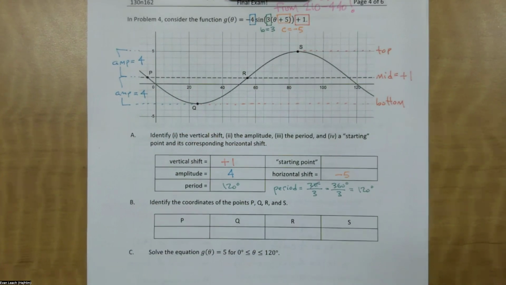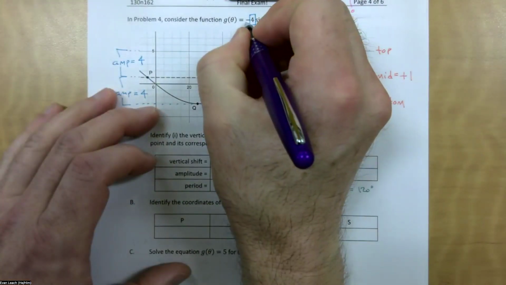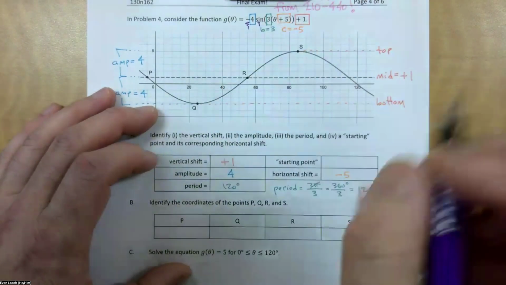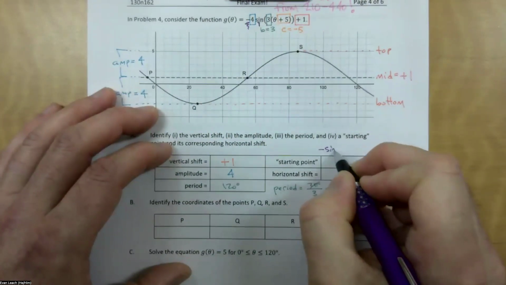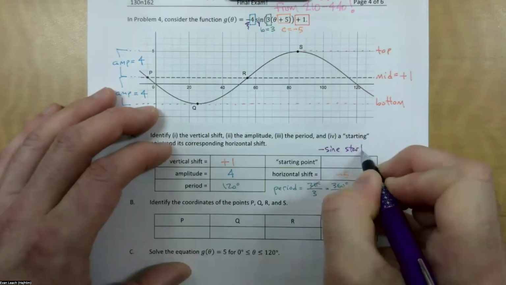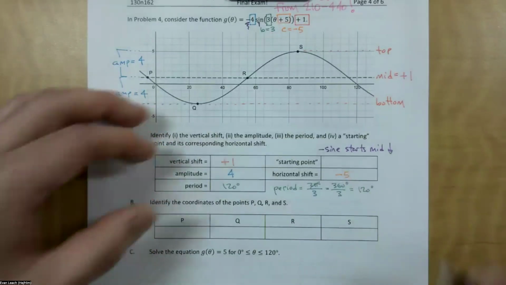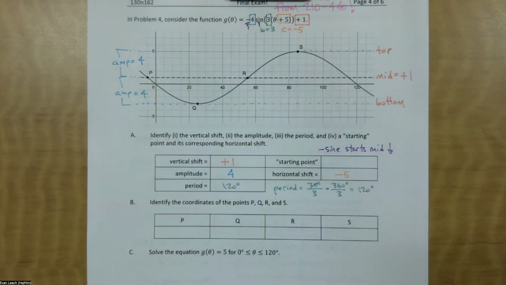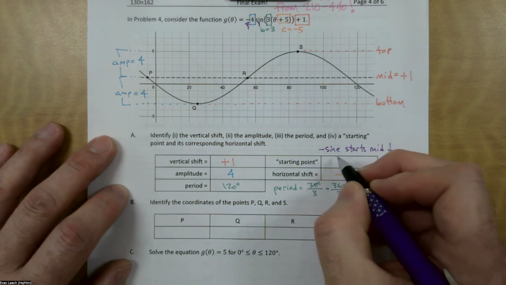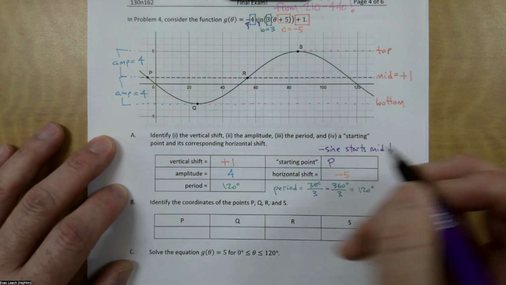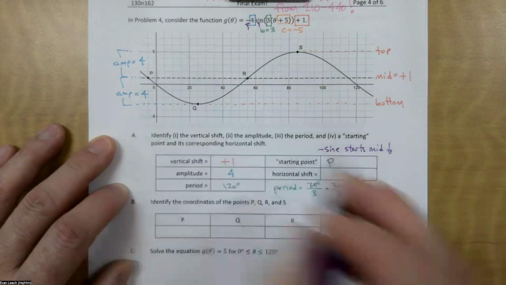And then we can read the style of function as negative sine. And that would make our starting point P, because P is at the middle and going down.